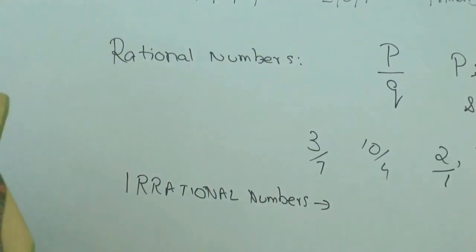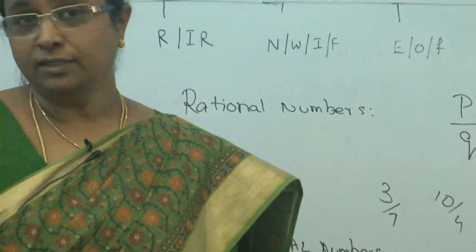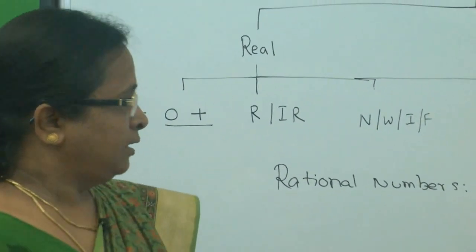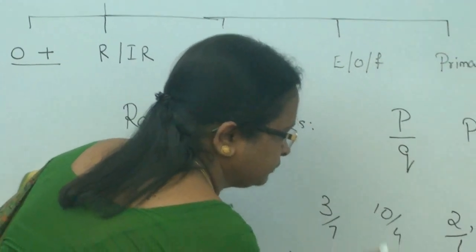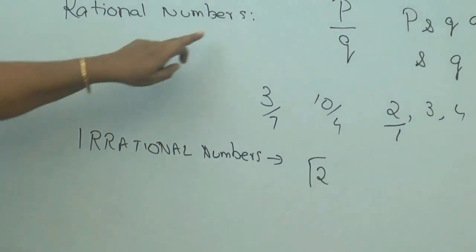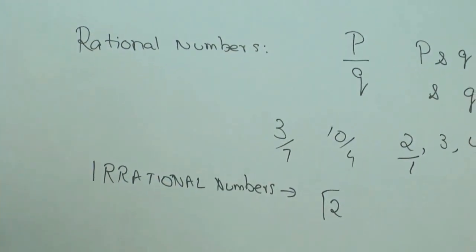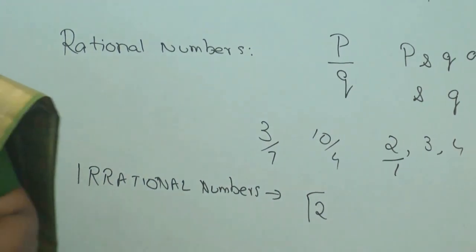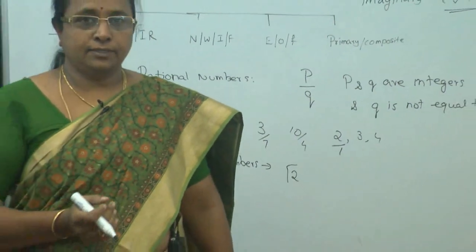Irrational numbers: a number which cannot be rationalized or which cannot be defined is called an irrational number. An example is root 2. So what is the value of root 2? There is one more definition for the rational number. One is p by q, where p and q are integers. The other definition is a number which terminates after the decimal or repeats after the decimal.